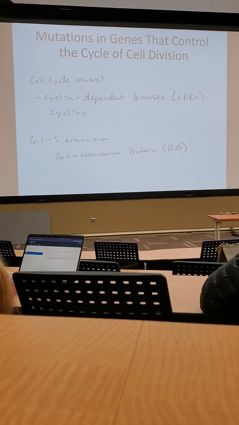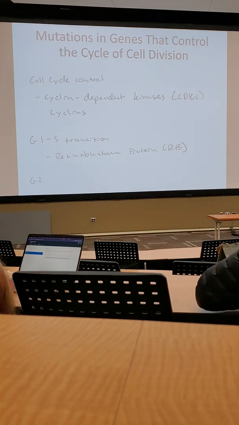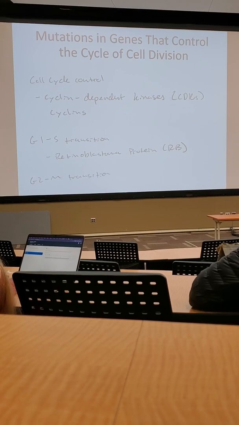We often name things based on the mutant phenotype, because that helps us understand where in the cell cycle it's happening. G1 to S is really important. S is the synthesis stage. That's where a lot of the mutations are going to occur during DNA replication. And then you have the G2 to M transition. So there you have mitosis promoting factor.